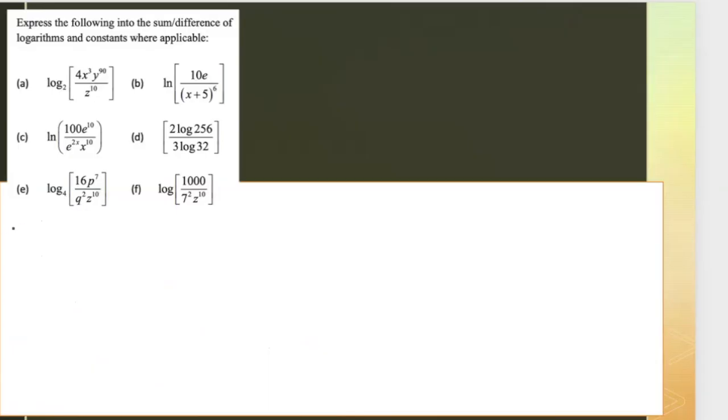The next one that we have here, I'm going to do ln of 10e over x plus 5, to the 6.